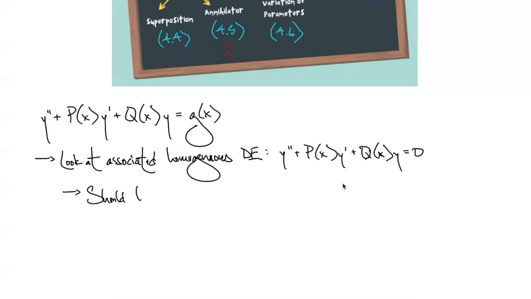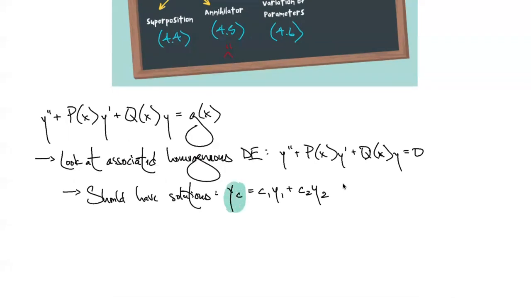Should have solutions that look something like this. C1y1 plus C2y2. So that principle of superposition, all right? But what we're going to call this now is y sub c, all right? Y sub c. And I'll tell you what that means.